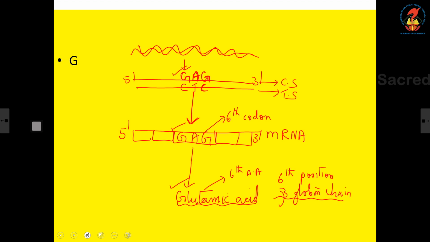But now we are going to introduce mutation here. With another color I am going to show mutation has taken place. It is occurring at a single point or at a single base pair. What is gene mutation? Gene mutation or point mutation is the change in a single base pair. Change in a single base pair.